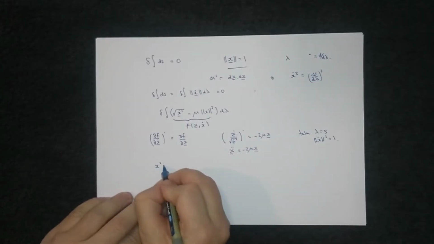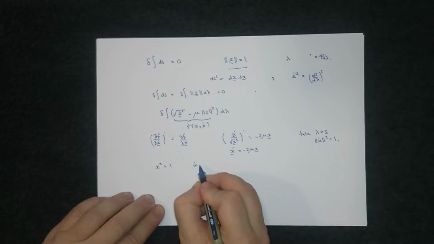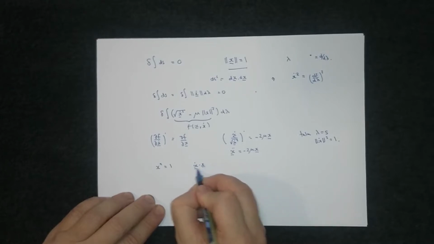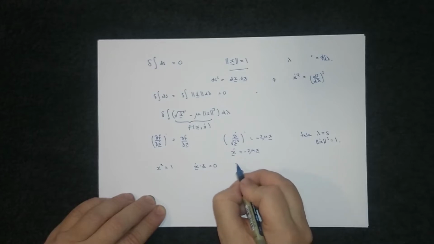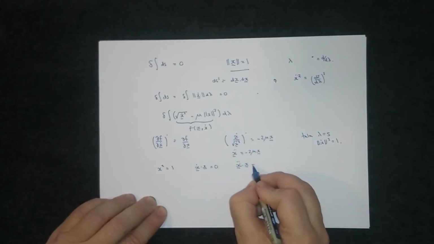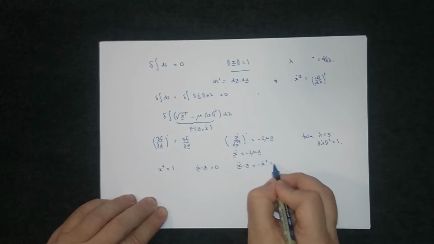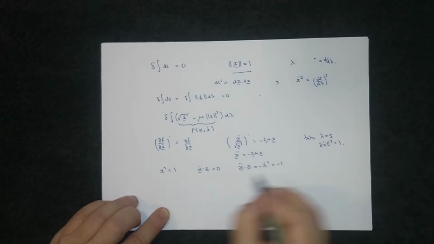Now x squared was equal to 1. Differentiate that, I get x dot dotted with x is equal to 0, and differentiating a second time gives me x double dot dot x is equal to minus x dot squared, and that's minus 1. So take this equation and dot with x.